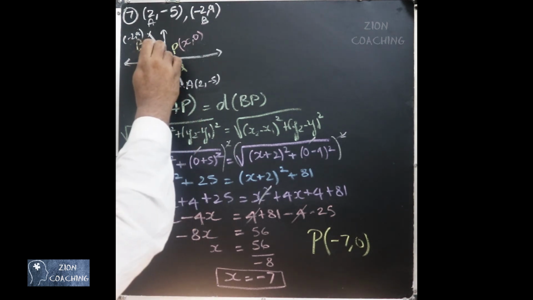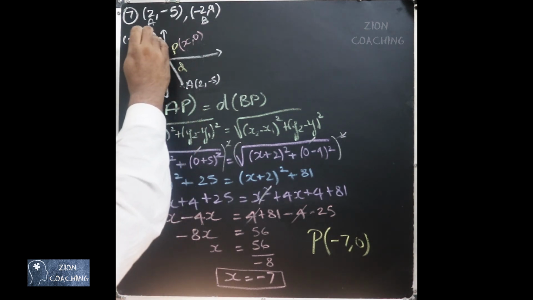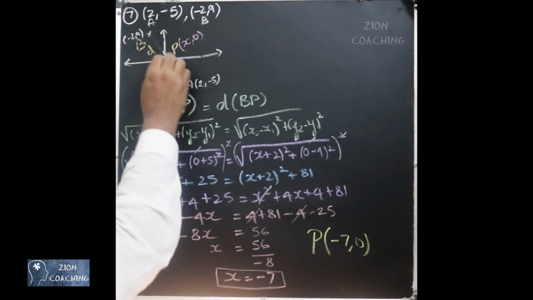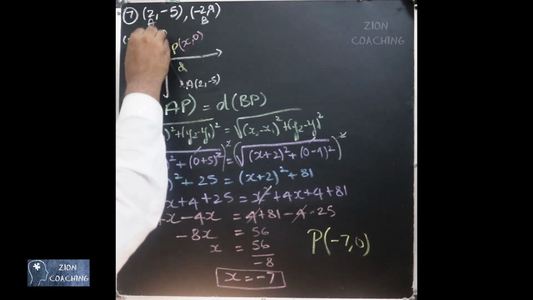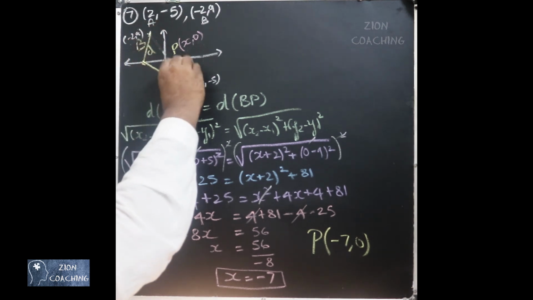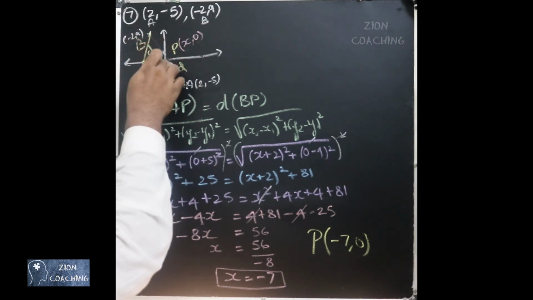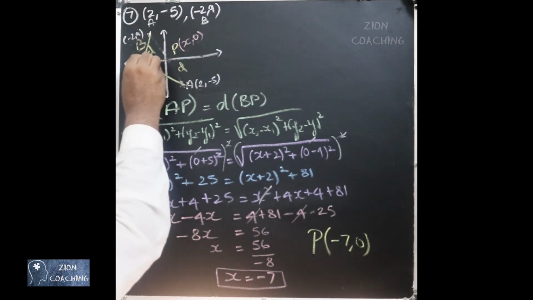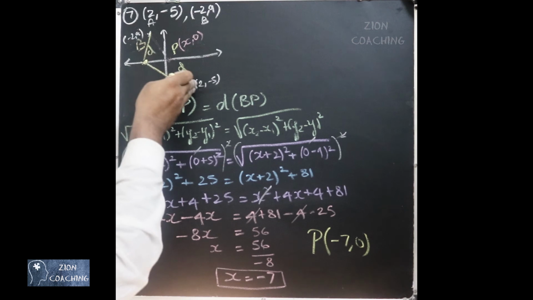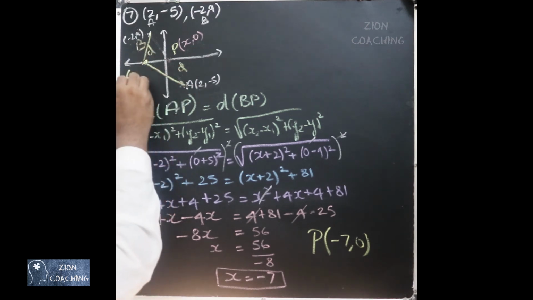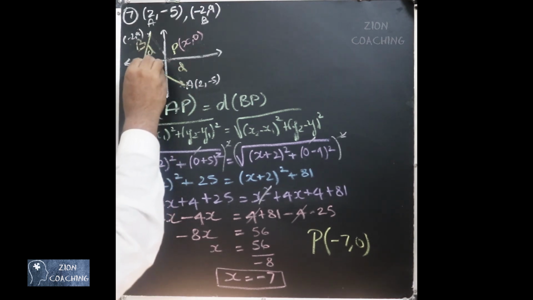So it is not exactly on half the way. It is somewhere here, so that the distances are equal. It is not the middle point, it is a point equidistant from both the points. So this is the point which has equal distance between both the points. That point we have found as (-7, 0).